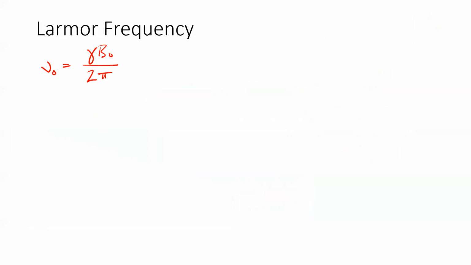A few things to keep in mind about this Larmor frequency. The first is that this is how we describe the power, the size of an instrument. When you hear somebody talking about an NMR, they say, oh yeah, it's a 400 megahertz NMR. 400 megahertz is this Larmor frequency.